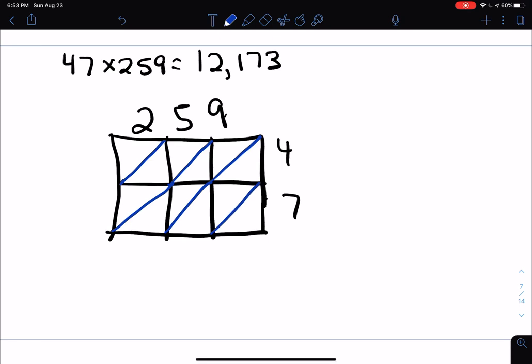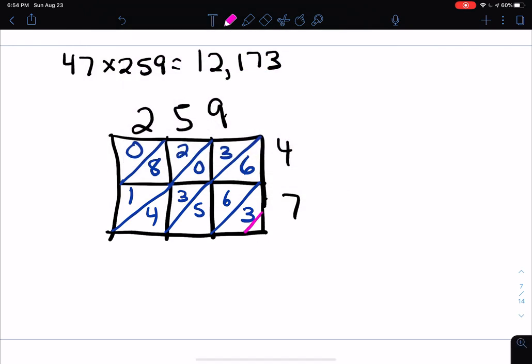The 2 times 4 is 8, so the upper left cell is going to have 0, 8. 5 times 4 is 20, so put a 20 here. 9 times 4 is 36. Then for the next row, 2 times 7 is 14. 5 times 7 is 35. 9 times 7 is 63.